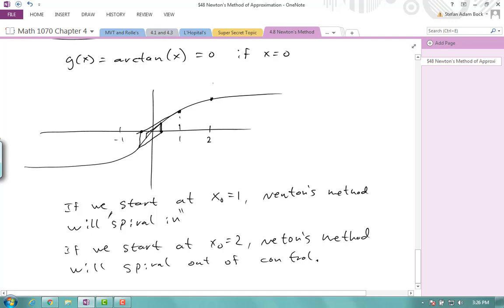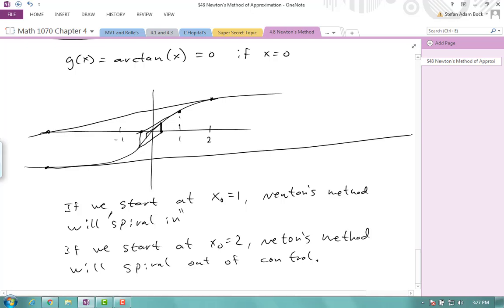So if I started up here, I would have gone, oh boy, way over here. Okay, so now I'm down here, which means I'm going to go way the heck out there. And it's just going to get worse, because this goes off to an asymptotic.